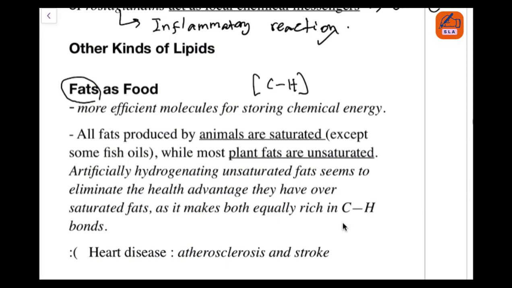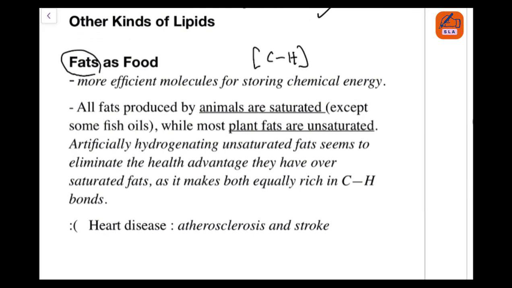And in this manner, when you break down one molecule of lipid or fat, you expect to get more energy, or more calories, than when you break down a carbohydrate. So we also already mentioned the concepts of saturated and unsaturated fatty acids.